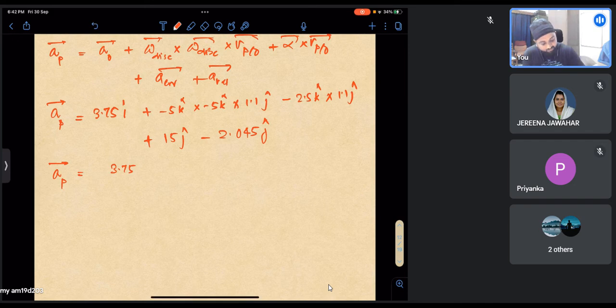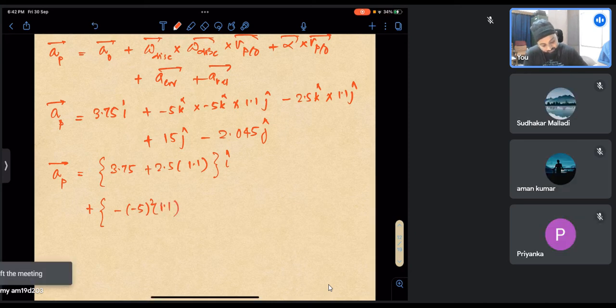This will give J. K cross J is minus I, so it will be plus 2.5 into 1.1. The rest is everything is J. I plus minus of minus 5 squared into 1.1.